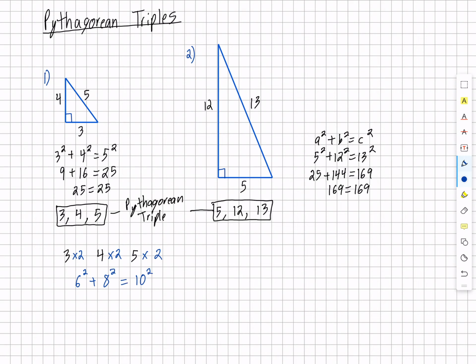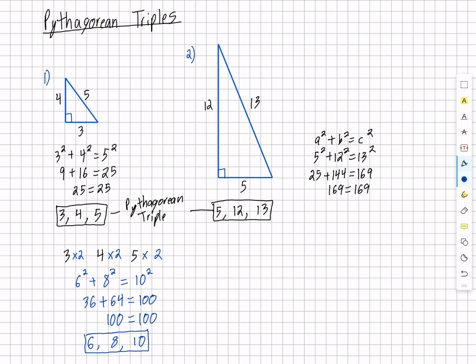And 6 squared is 36. 8 squared is 64, and then 10 squared is 100. And 36 plus 64 indeed gives us 100. So this relationship works. So 6, 8, and 10, that would also be considered a Pythagorean triple.